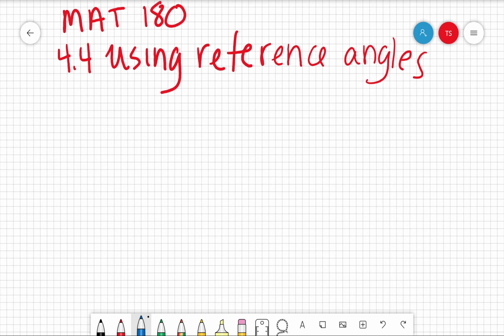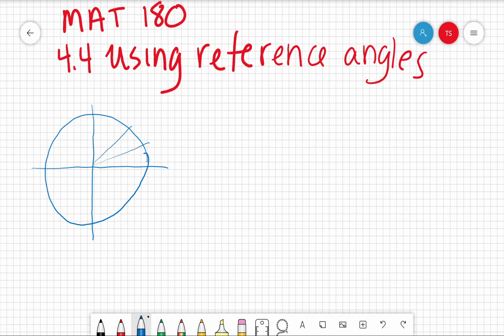To use reference angles to find other angles on the unit circle, we'll use our quadrant 1 angles. So let's just start with those.